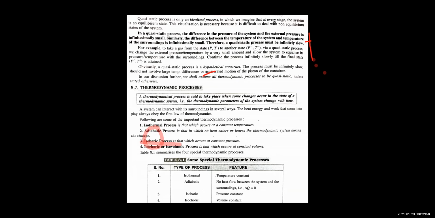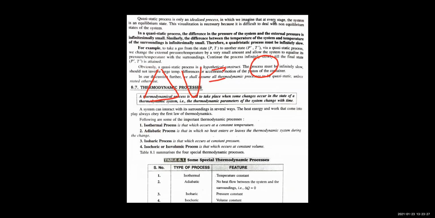Now let's talk about the last process, children. The last process is isochoric process. Children, isochoric process is a process which takes place at constant volume. So if there is no change in volume, means volume is constant, so change in volume is zero.